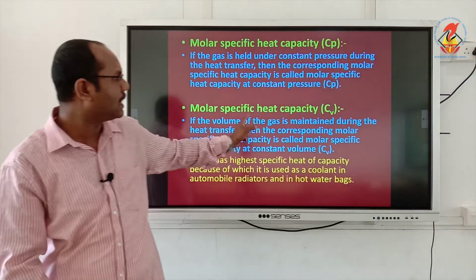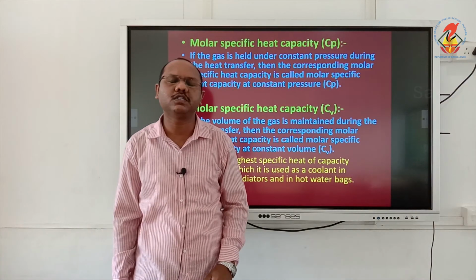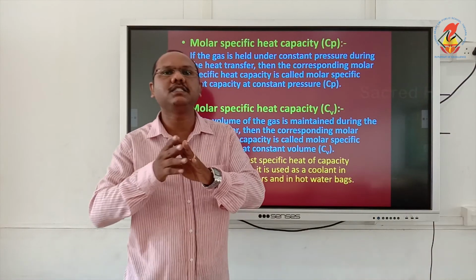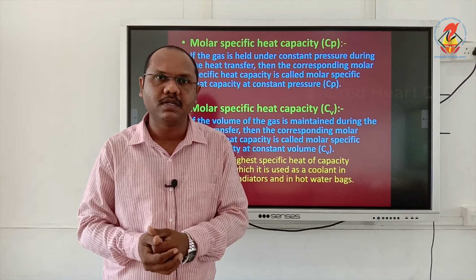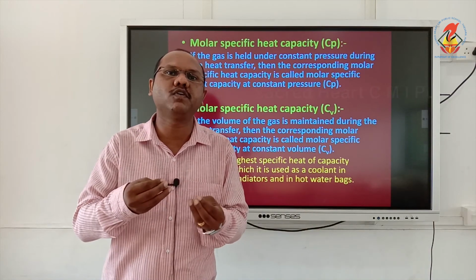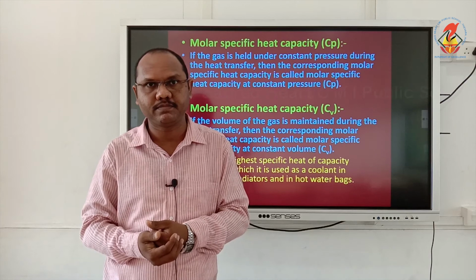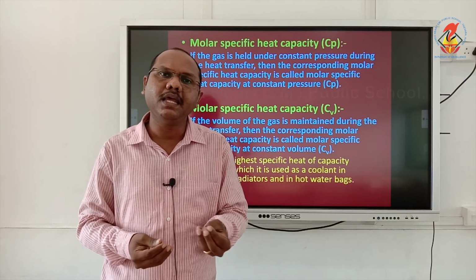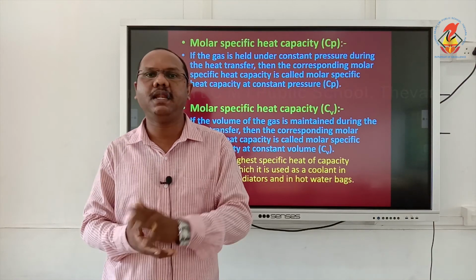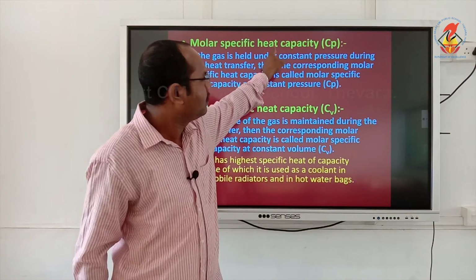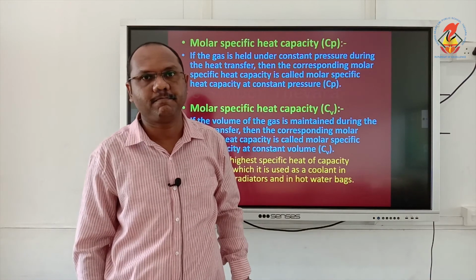But think about the second case, specific heat capacity at constant volume. Here there is no need of expanding the gas. So heat supplied is only used for the rise in temperature. So I need to give only a smaller amount of heat than in the first case.